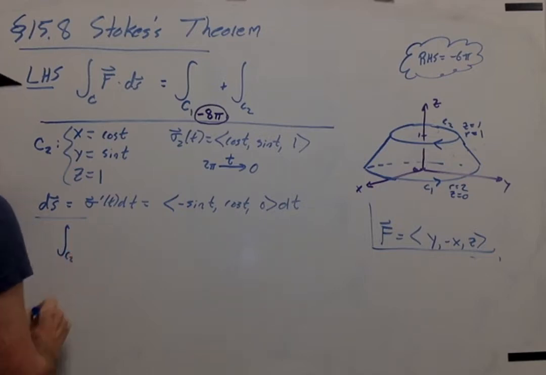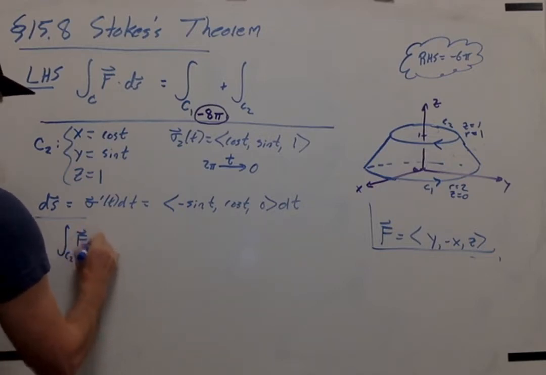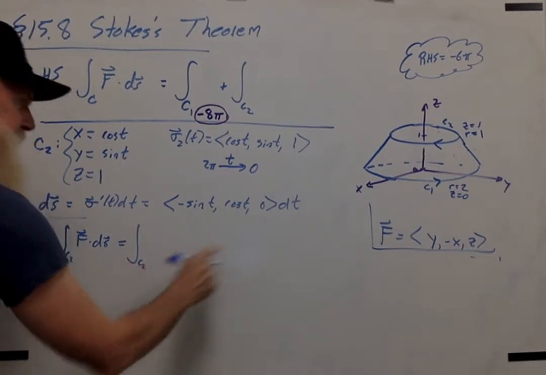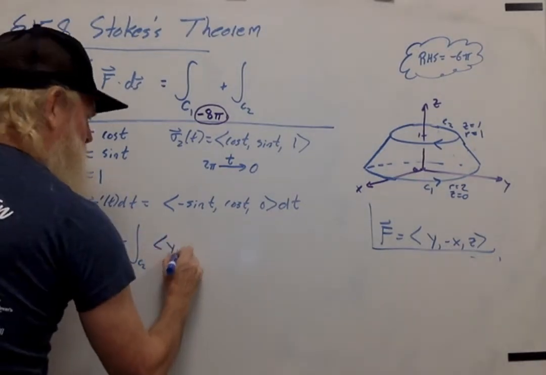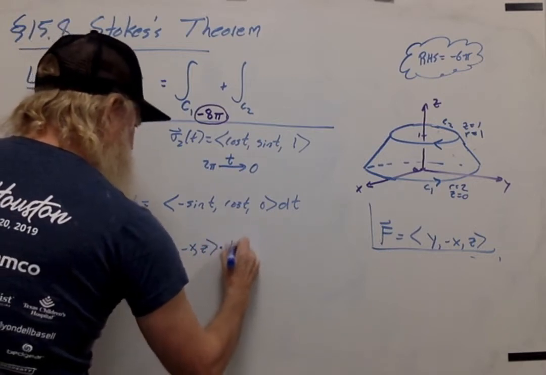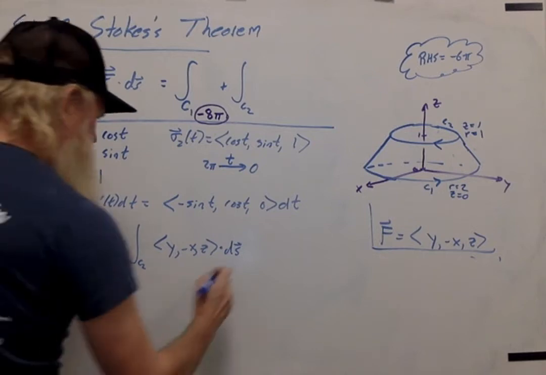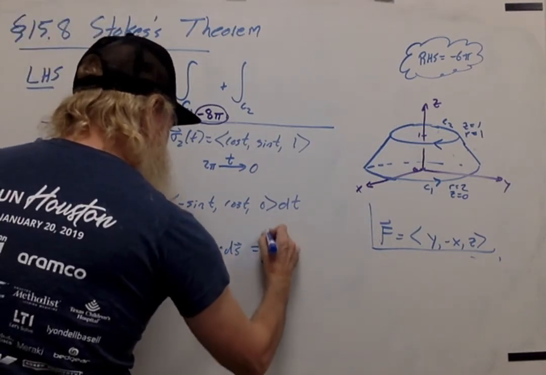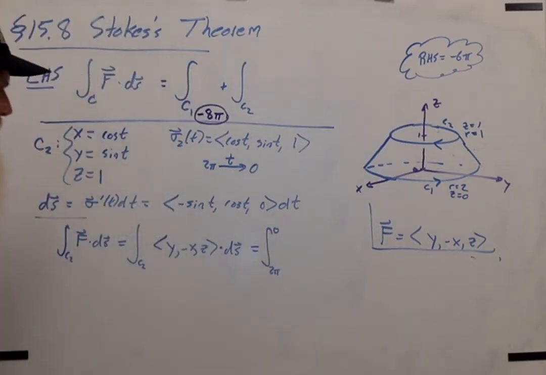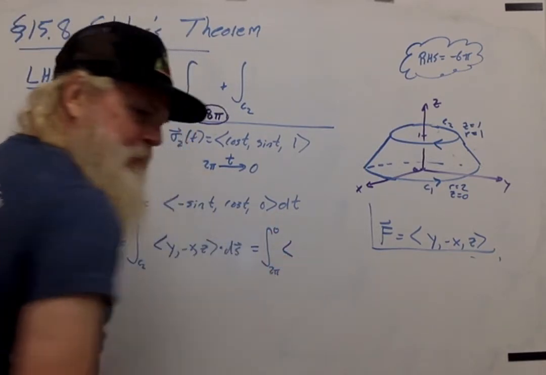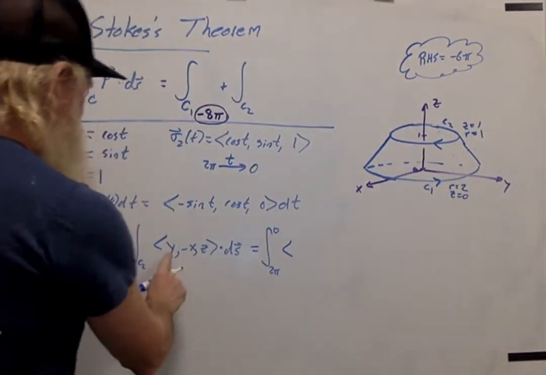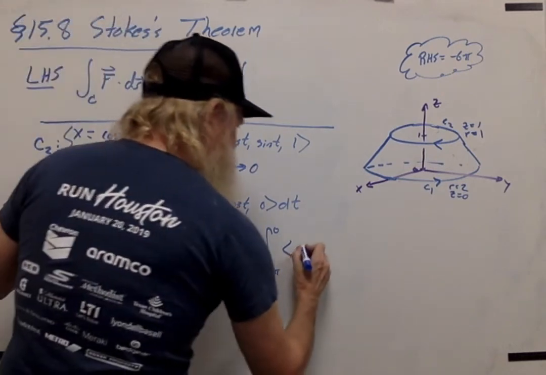The integral along C2 of F dotted with ds is the integral along C2 of y, negative x, and z dotted with ds, which will be the integral from 2 pi to 0 of, let's substitute in for x, y, and z. y is the same as sine t.